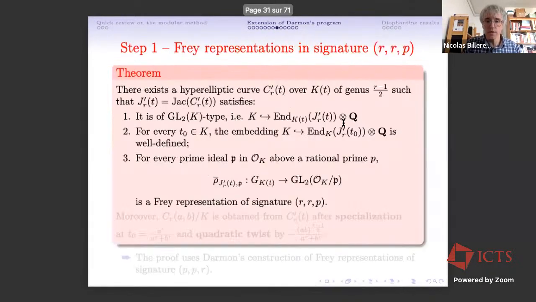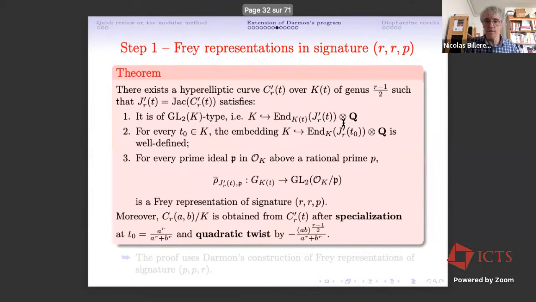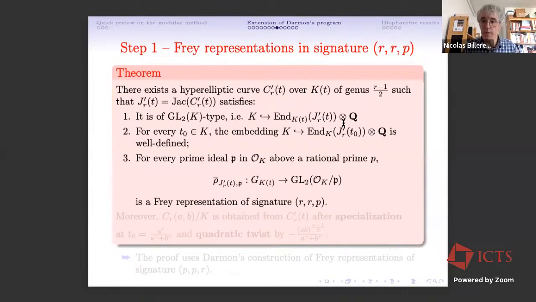And so you consider these hyperelliptic curves, and we wanted to attach two-dimensional Galois representations to them. And so here's the theorem that we proved with Chen, Billerey, Dieulefait and Freitas. We proved that there exists a hyperelliptic curve, which I denote by CR dash of t over K of t.